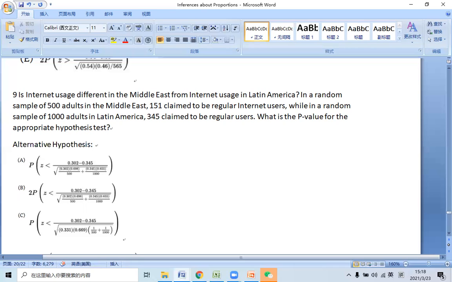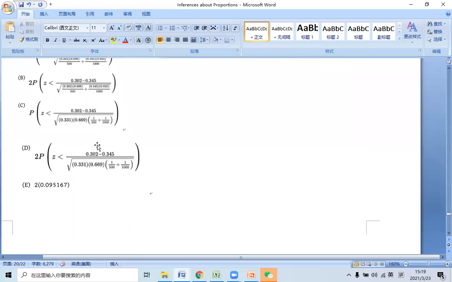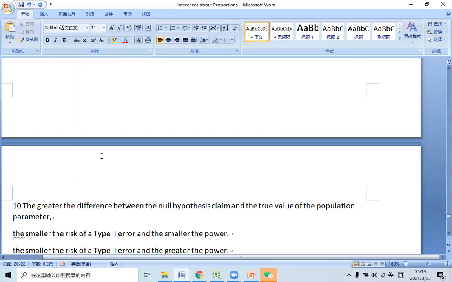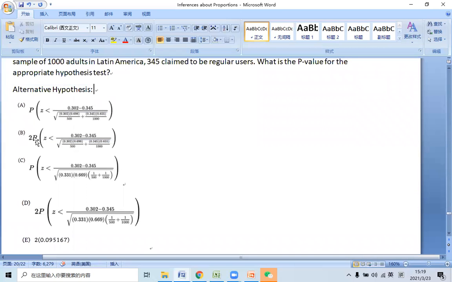Just different. You don't know which one is going to have a higher proportion. Non-directional, so you need to be concerned about the probability on two tails. You want to do a two-tailed test. When you look at the answer, you need to find a p times 2.